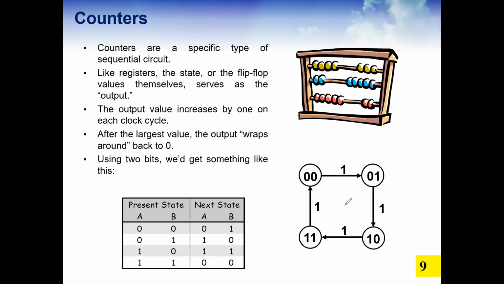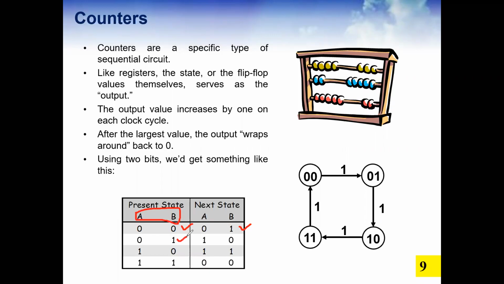This is a state diagram, which shows state transitions. Here we can also show the present state and next state. Because there are 4 states, we have 2 flip-flops. State 00, next state is 01. Now the next state becomes the present state, 01.